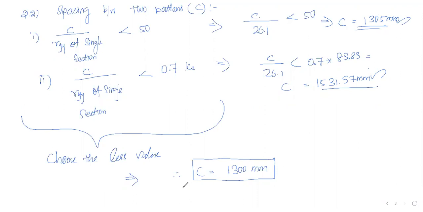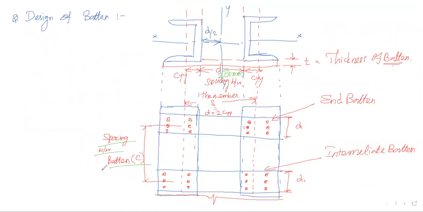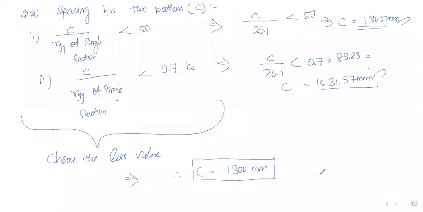Now we should mark that value. C is equal to 1300 mm. So the second part is over. Next, the third one.